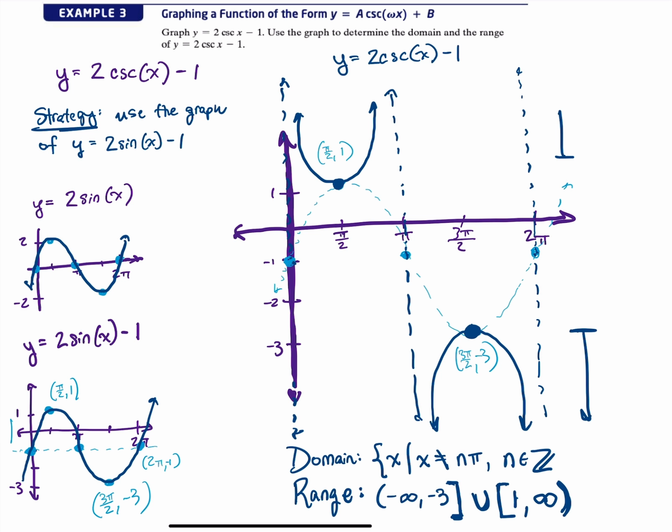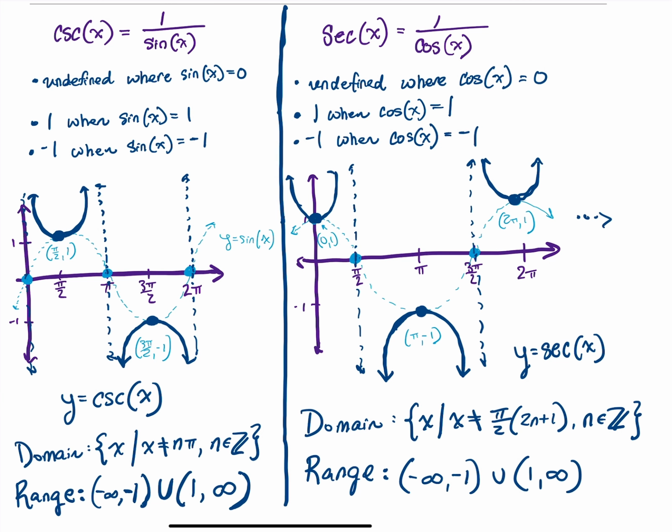Yeah, I might have forgotten to include them on our previous statements. Let's go back and see. So here, yeah, let's include these endpoints. So we want to include negative 1 here, include positive 1, because it is defined at those points.